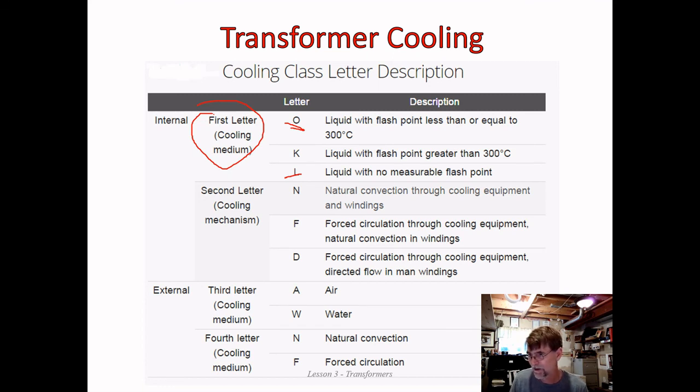Okay, second letter, cooling mechanism. N is for natural, F is for forced, D is also for forced. Okay, different version of construction. And then externally, we have air and water, or we have natural convection or forced circulation, which is going to be your fan.